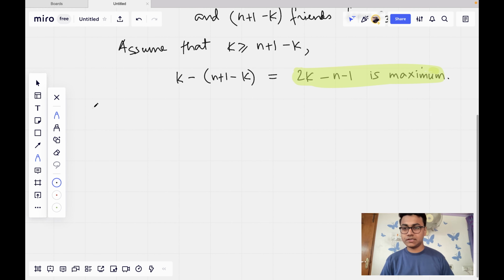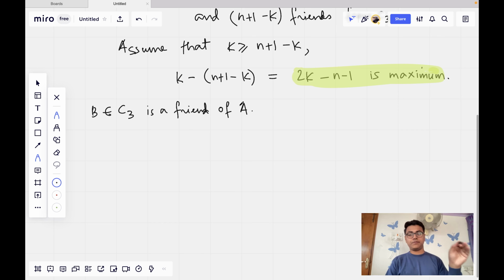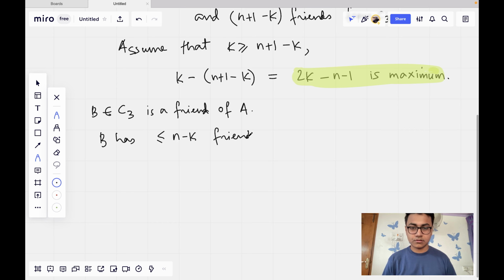Assume B belonging to C3 is a friend of A. If B is friends with any of the k people from C2, we are done. So suppose that is not the case, then B has less than or equal to n minus k friends from C2.